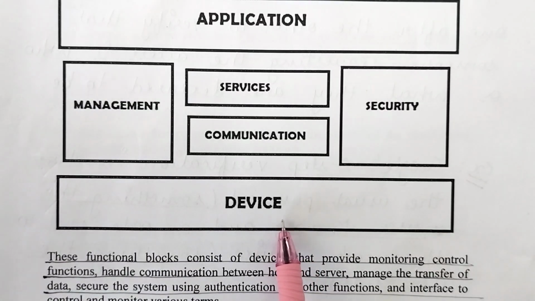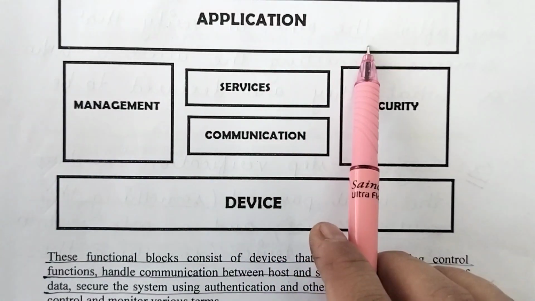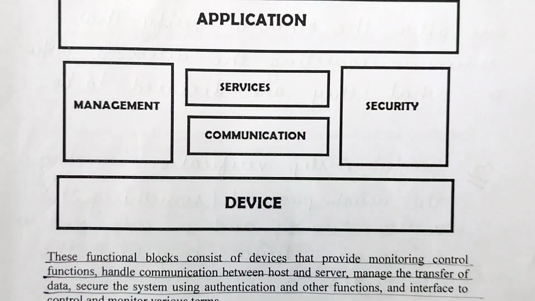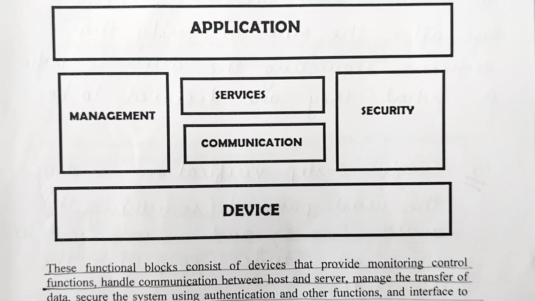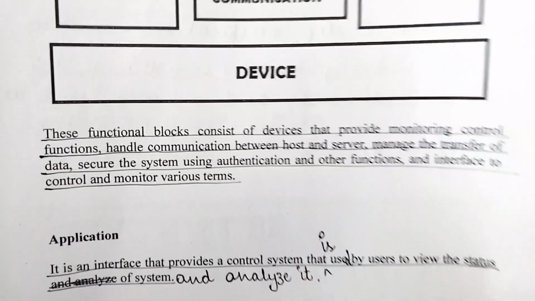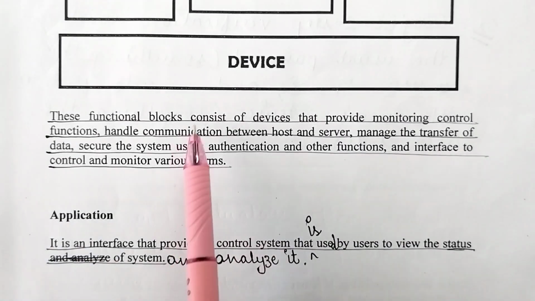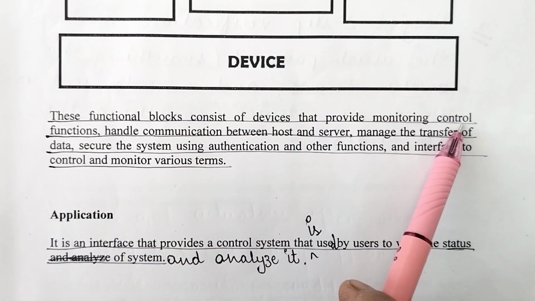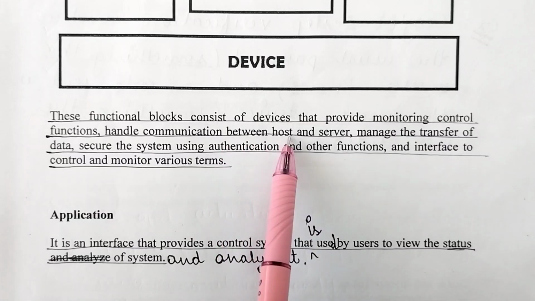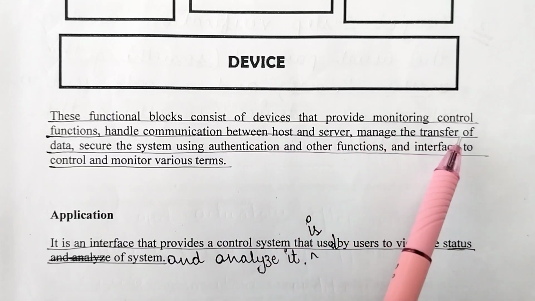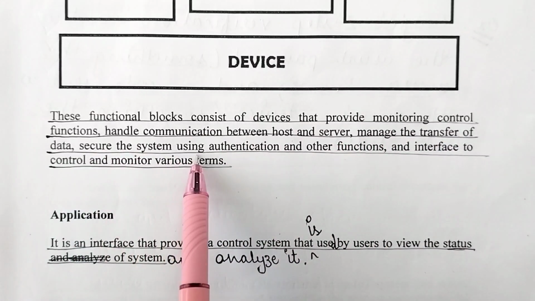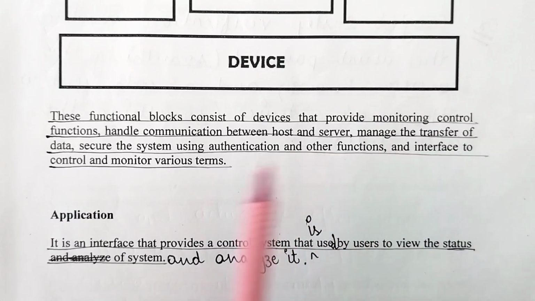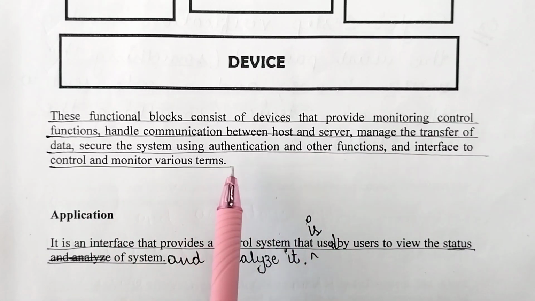So, the device, applications, services, communication, security and management all come under the IoT functional blocks. These functional blocks consist of devices that provide monitoring control functions, handle communication between host and server, manage the transfer of data, secure the system using authentication and other functions, and interface to control and monitor various terms.